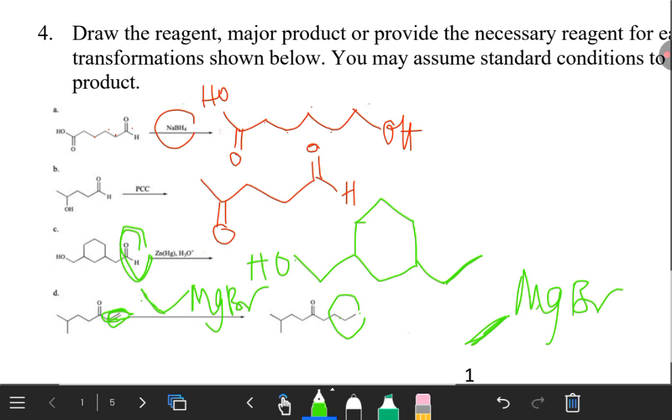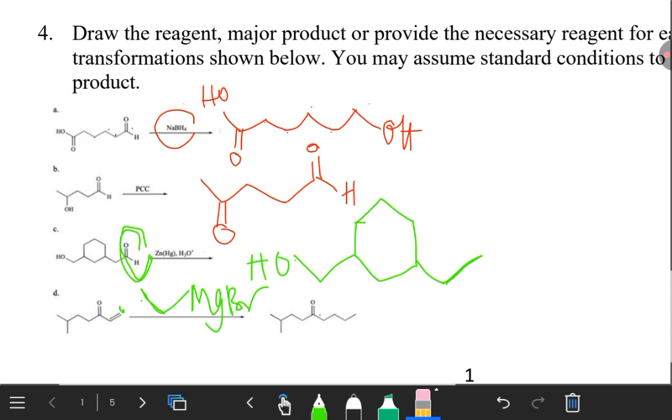Or should I say, if we count, let me just erase this. It was from here 1, 2, but here we have 1, 2, 3, 4. Okay, so they had to add this chain here for them to come up with this prolonged product. So it was just an ethyl. In fact, it was an ethyl, not a propyl.